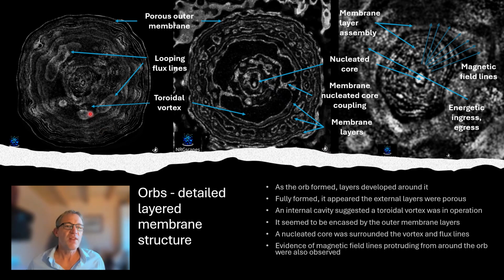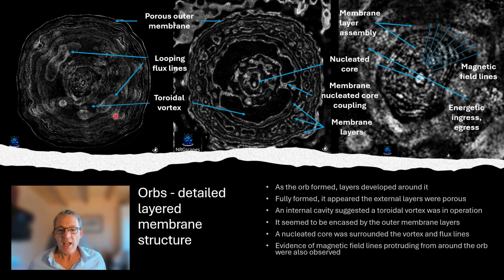Now we can see another view of the vortex here and these looping flux lines that go around it as well. Now, when we did quantum imaging, we used Doppler phase shift color spectrum effects to determine that this is in fact going on depending on the amount of red shift and blue shift.